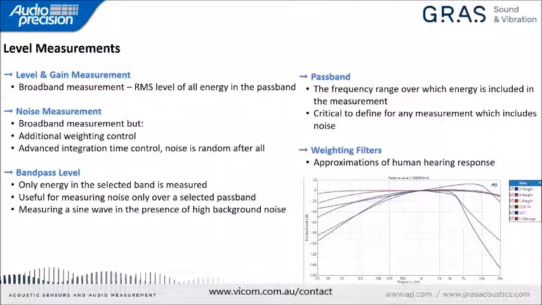So when making a measurement of noise, it's important to specify the bandwidth over which that measurement is made. And noise is typically random, so we might want to integrate or average that measurement over an interval of time in order to achieve a nice and repeatable measurement.